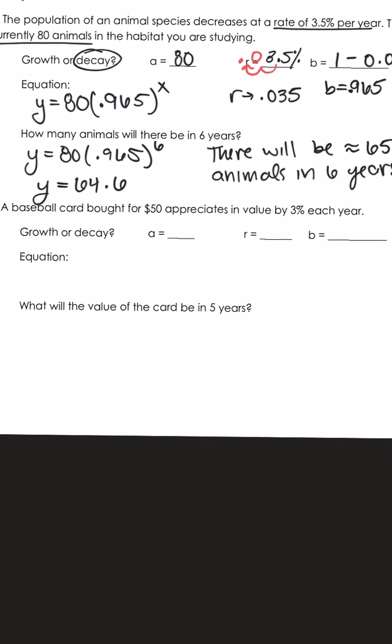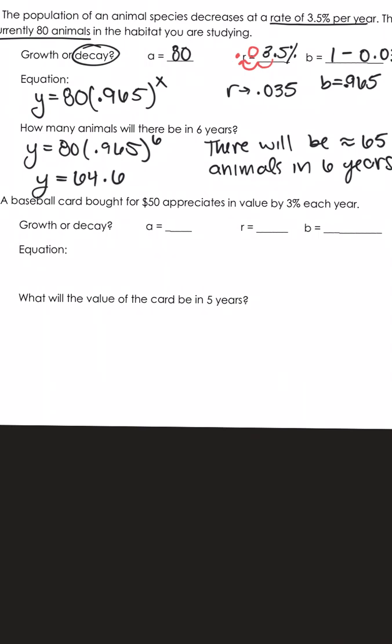Okay, for our next one. Now we have a baseball card bought for $50 is appreciating in value by 3% each year. If we are appreciating in value, that means it's increasing. So this is a growth problem. My initial value, well, I bought it for $50, and I'm increasing by 3% each year.